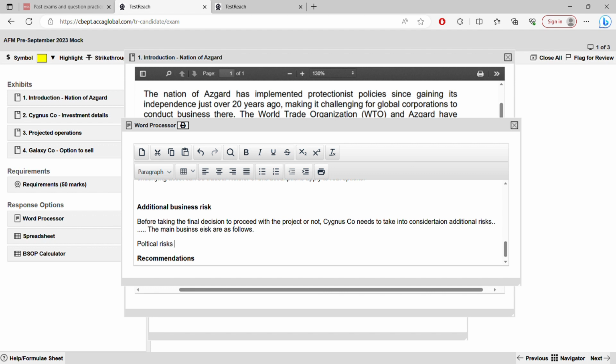So you have to see all this, and you have to advise that the company needs to assess the likelihood of this happening. Give a problem and a solution also. That means if this risk happens, the company needs to find an alternative way of overcoming this risk.